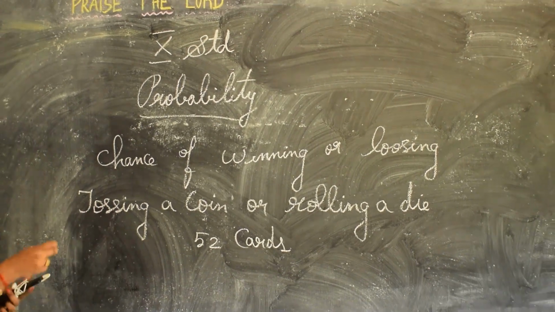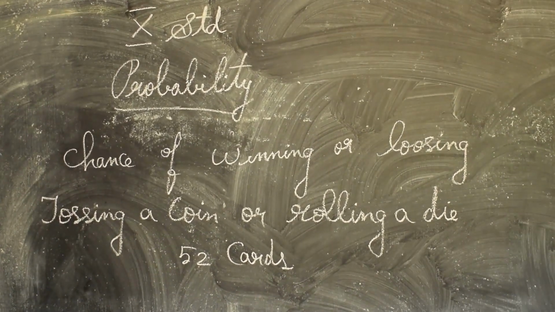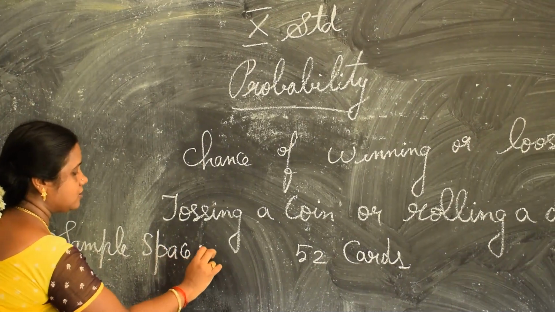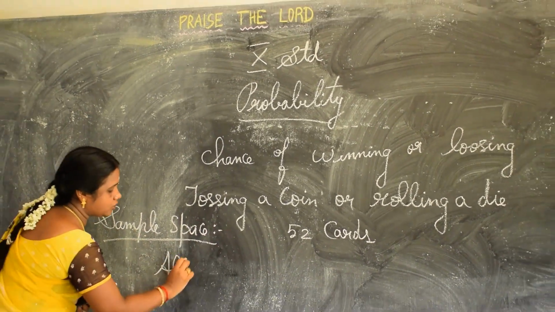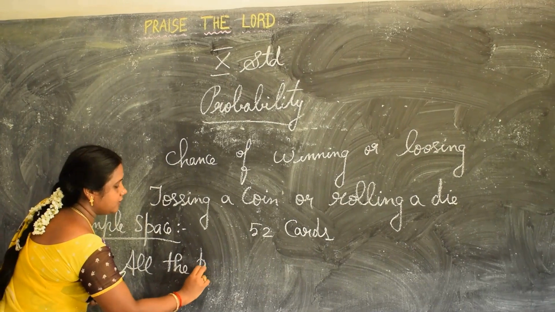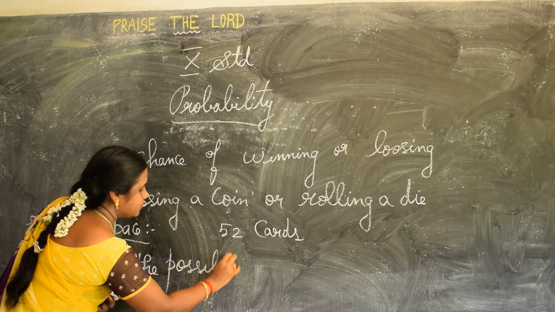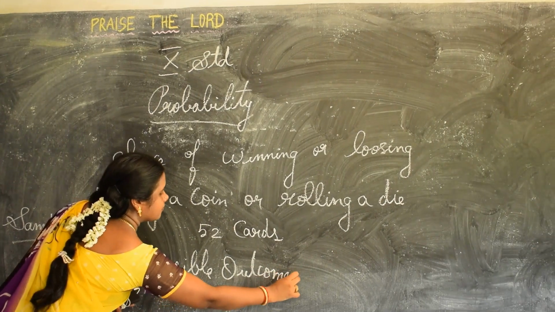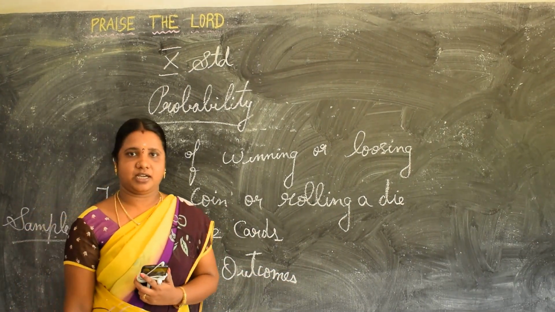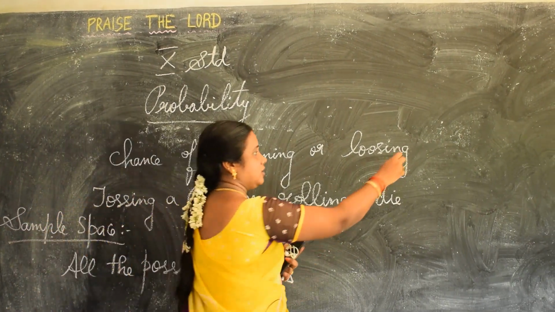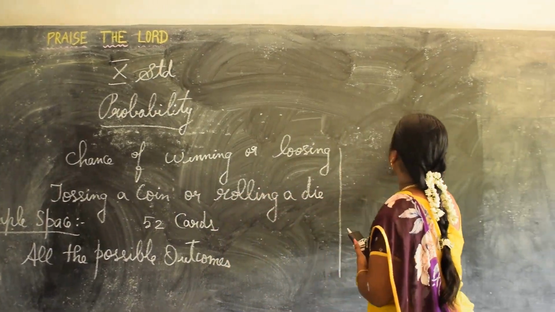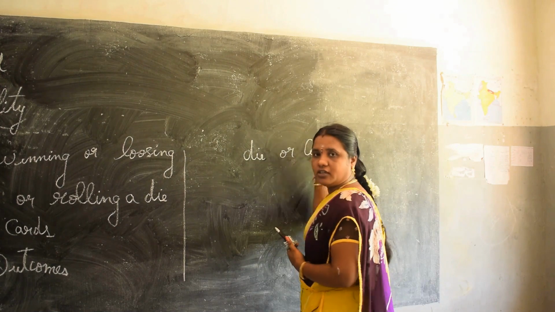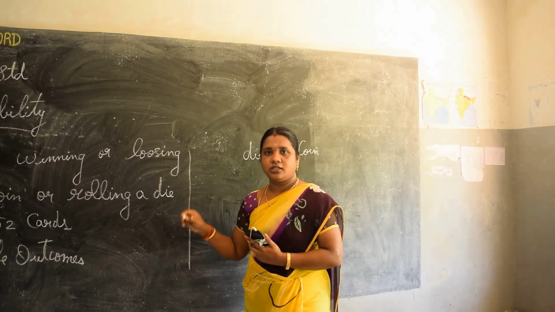See, next I want to say one thing, sample space. Sample space is all the possible outcomes. If you are taking a die or a coin, and you toss a coin, what are all the possible outcomes?